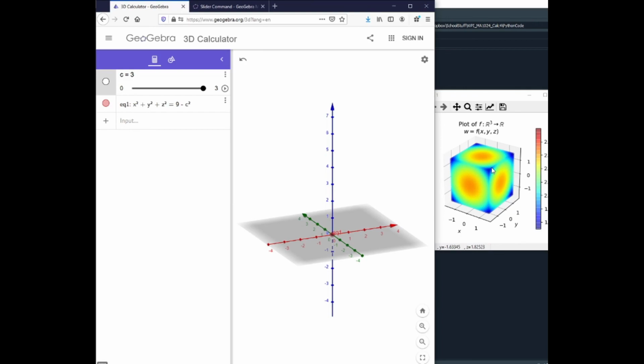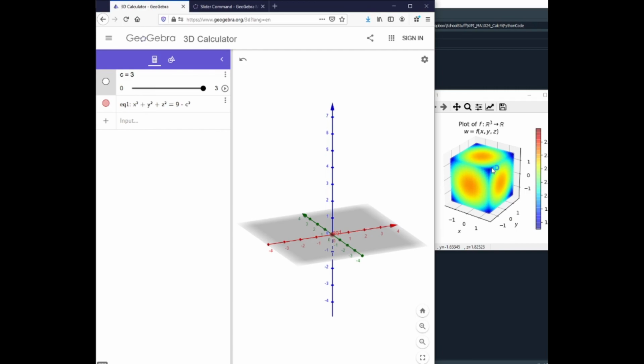So in the next lecture, we'll see how there are many different types of level surfaces and level curves. We'll talk about level curves for 2D functions and level surfaces for functions of 3 variables.